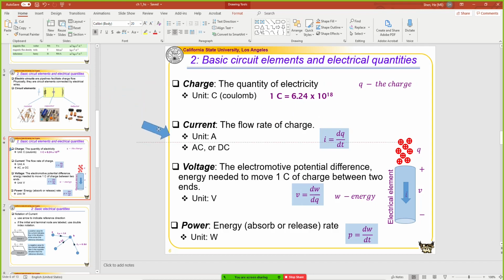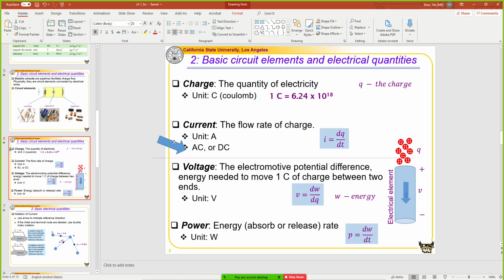The second quantity is called current. The current talks about the flow rate of a charge, so how fast the charge flows through an element. Current has a unit of ampere. We use the symbol A to represent that. There are AC currents and DC currents.